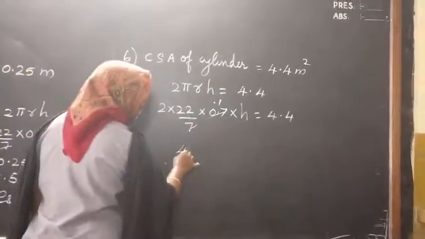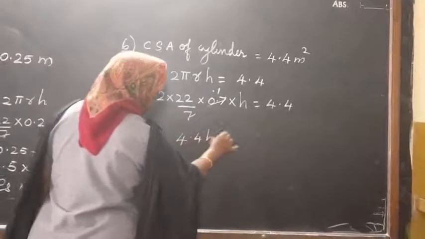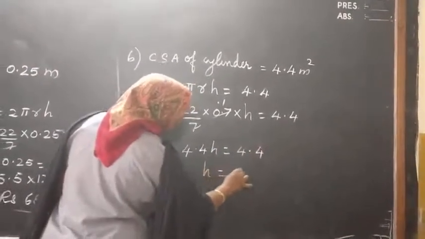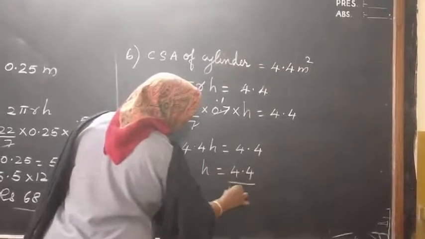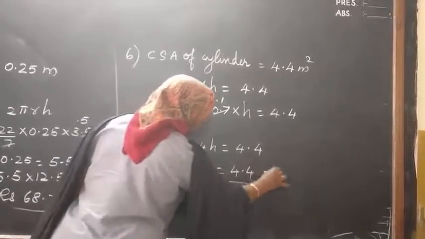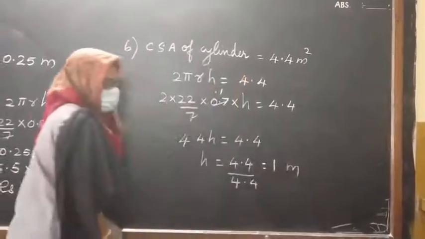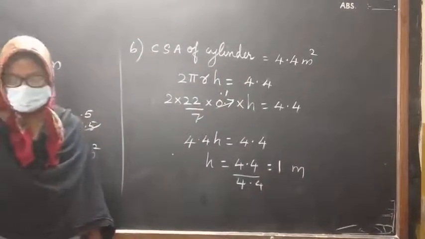So 4.4 H is equal to 4.4. So what will be H? 4.4 by 4.4, that is equal to 1. So 1 meter will come.